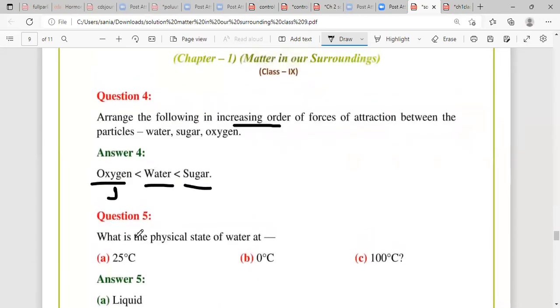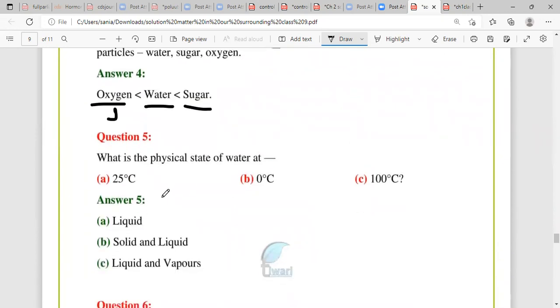Now, what is the physical state of water? This is very important. At 25 degrees Celsius it will be liquid. You know the melting point and the boiling point? 0 degrees Celsius is the melting point.